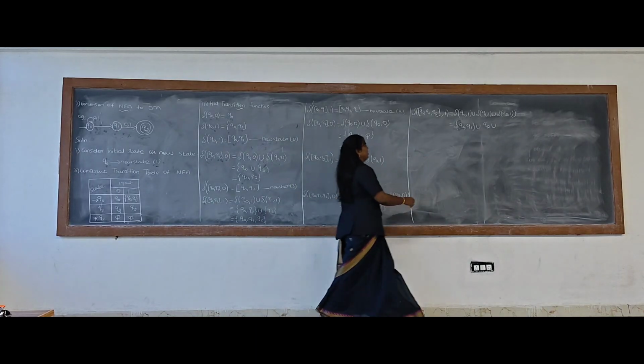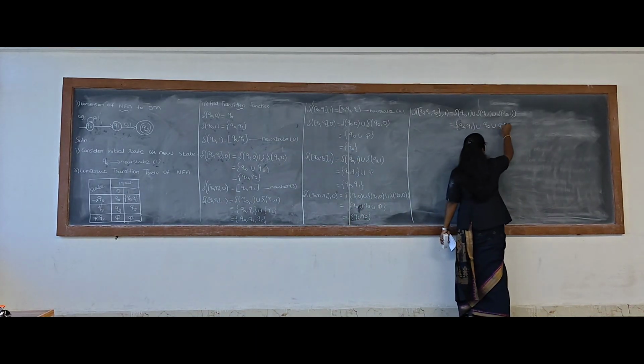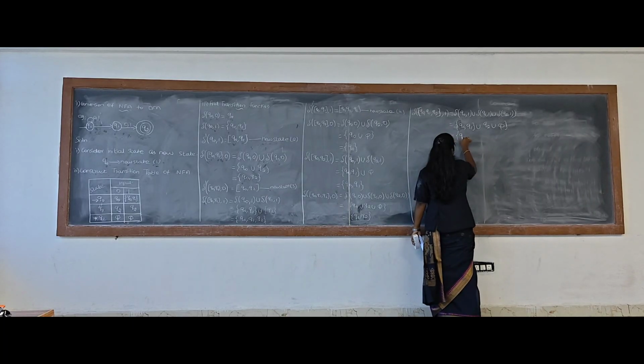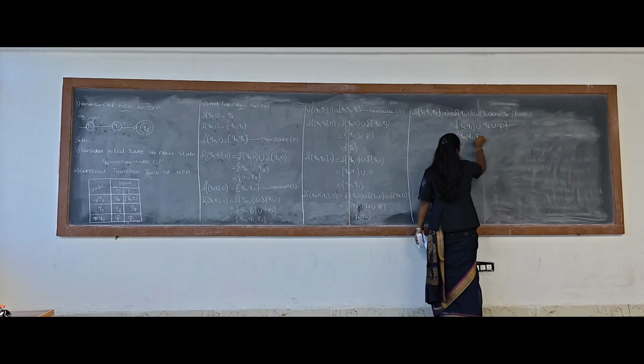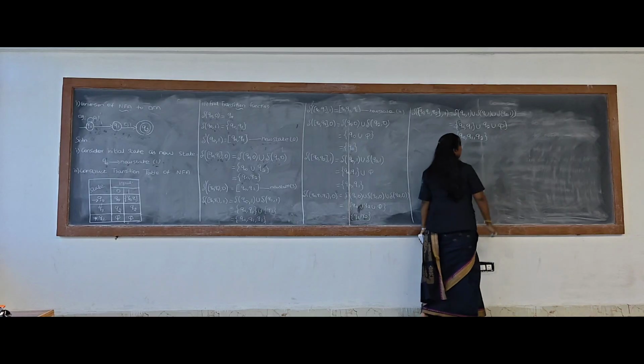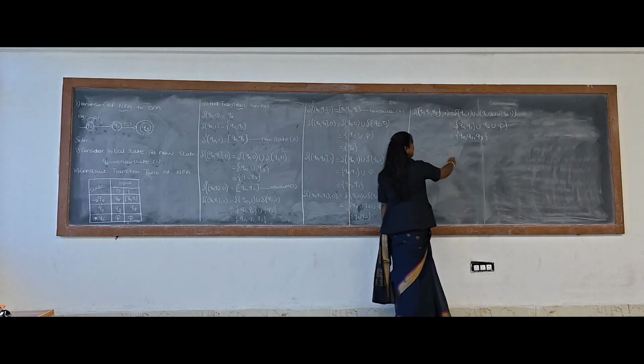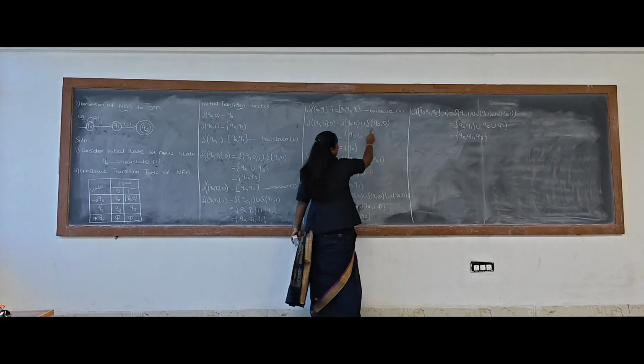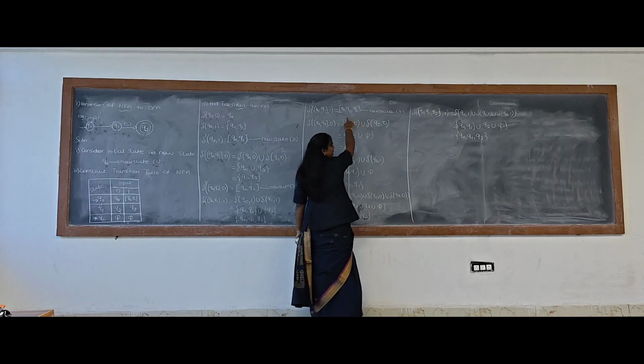So finally we will get the states q0 q1 and q2. Now we check this state with the previous states, and we find that it is already marked as new state 4. So leave this as it is.